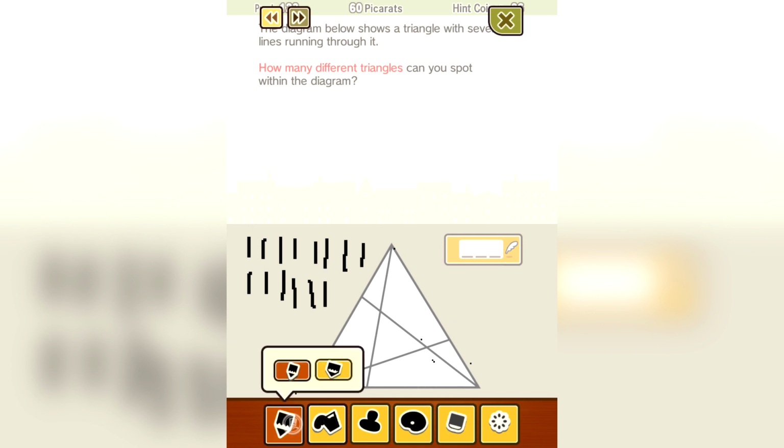So our new count is a total of 1, 2, 3, 4, 5, 6, 7, 8, 9, 10, 11, 12, 13, 14. So we are at a total of 14 so far, which is quite a lot. There's a smaller one here, so that's 15. I feel like I've done this one, but I'm gonna mark it anyway just to be on the safe side.